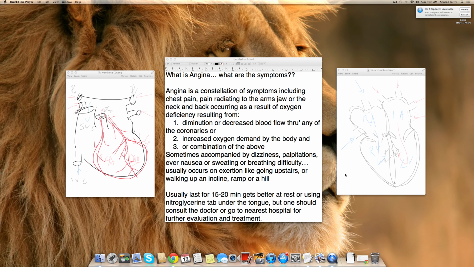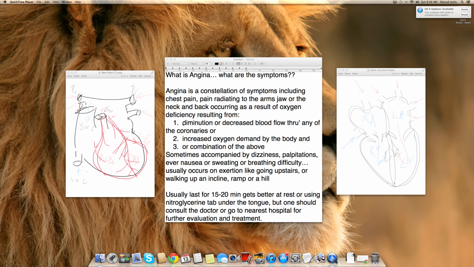So whenever there's an increased demand of oxygen, either experienced by the body or by the heart, or if it's a decrease in supply of blood flow through these coronaries, or it's a combination of the above. So you can have a combination of any of the above, or you could have one of the above.